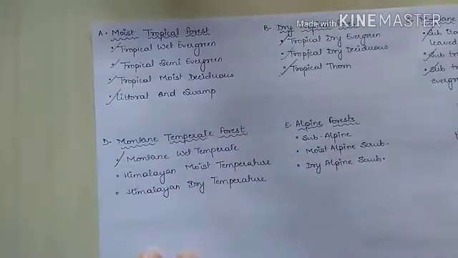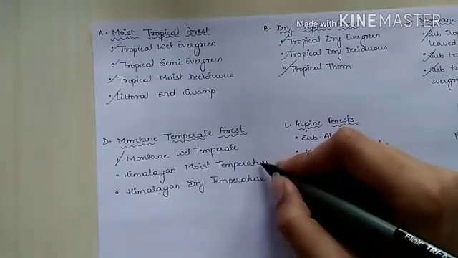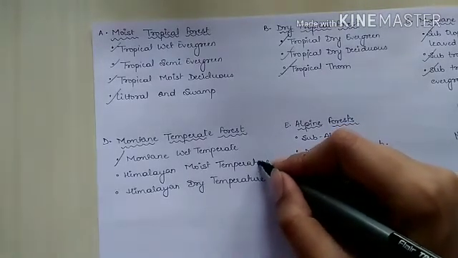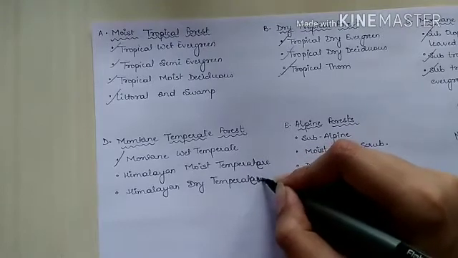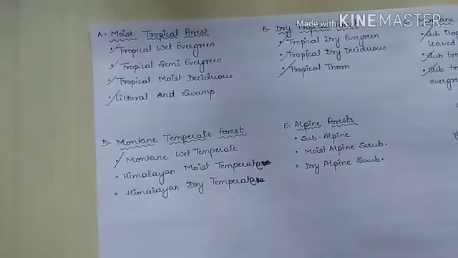Next we have Himalayan moist temperate. Here the rainfall varies from 150 to 250 centimeters, and the height they attain is 1500 to 3300 meters.